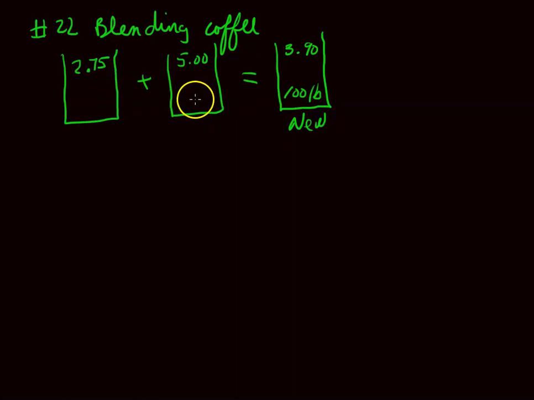That means we get to choose X for one of these. What do you want to choose X for? Well, let's call it the number of pounds for the 2.75. Now we know that this is going to be X pounds, and this will be 100 minus X. That's going to be a common use of this total minus the part.